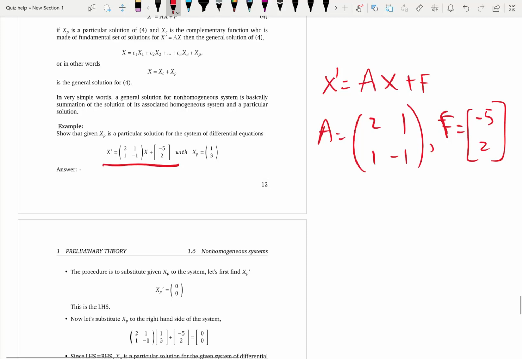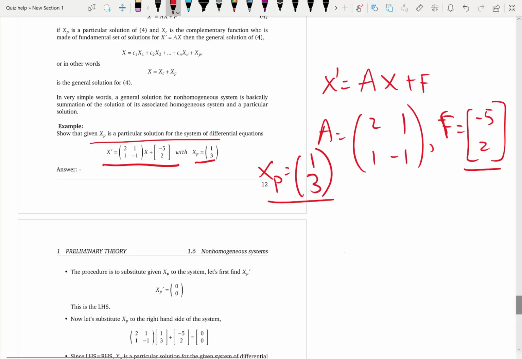Now the particular solution, they said x sub p is [1; 3]. So you can see the particular solution is also a vector, because our solutions are vectors now. The question asks whether this x sub p is in fact a particular solution. So it's sort of like a verification.